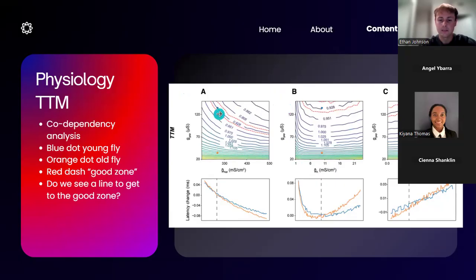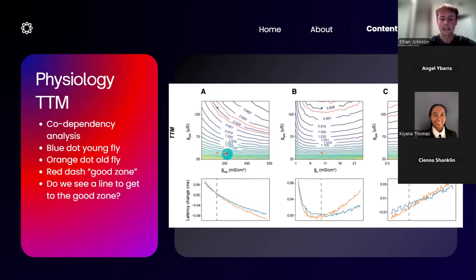And this is going to be for our young fruit flies. So we see that they have higher conductances than this orange dot, which is our old fruit flies. So again, this is from the data that we were looking at earlier. So higher conductance, they're going to respond faster. Makes sense.